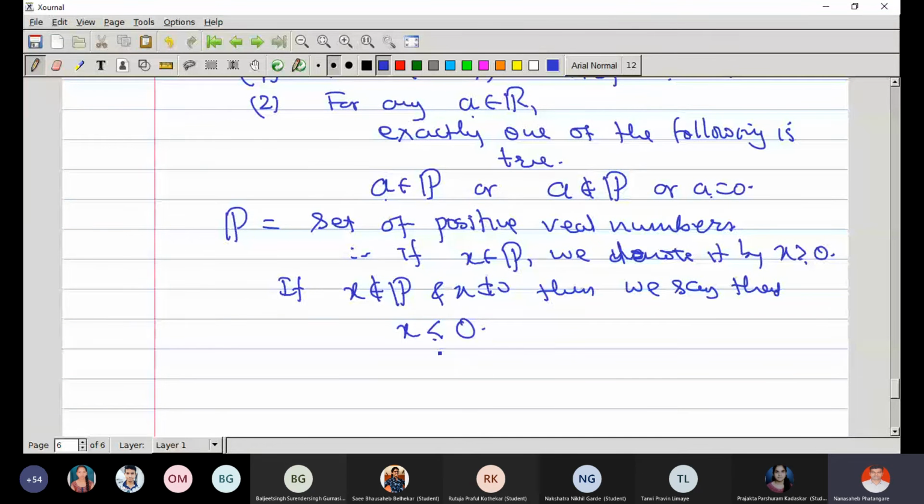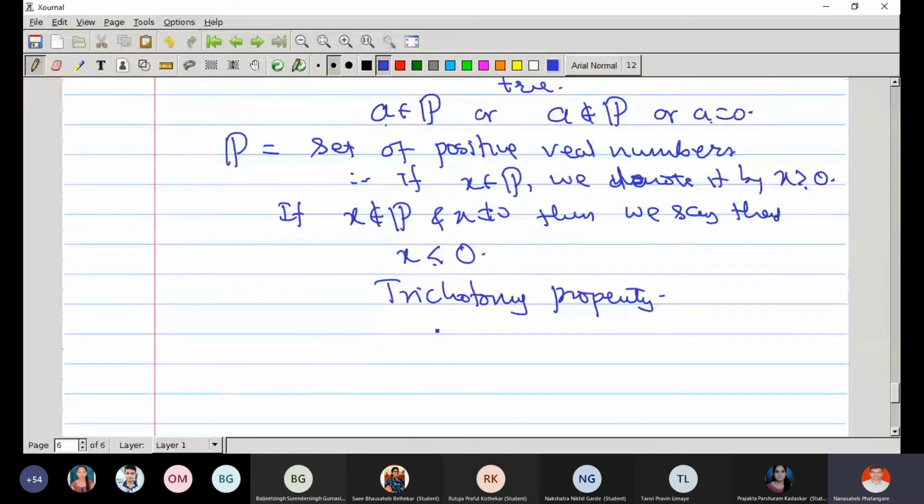Therefore, if you take any number, either it is positive, negative or 0. This is called the trichotomy property. You take any number, it is positive, negative or 0, but not two at a time.